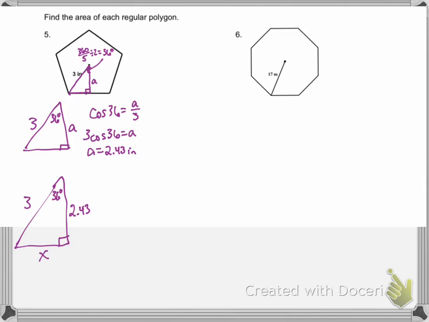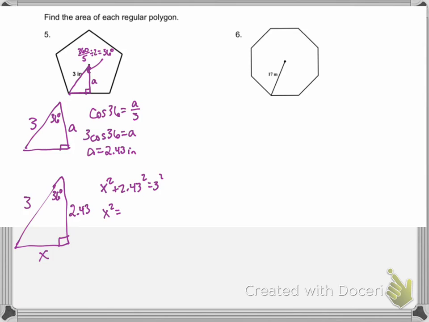You also still have that angle. So again, while I'm going to continue to use Pythagorean theorem, you can feel free to use trig to find the missing side as well. And again, you'll see that you get a very comparable value. So, Pythagorean theorem: x squared plus 2.43 squared equals 3 squared.